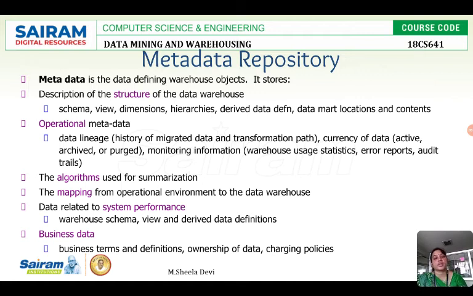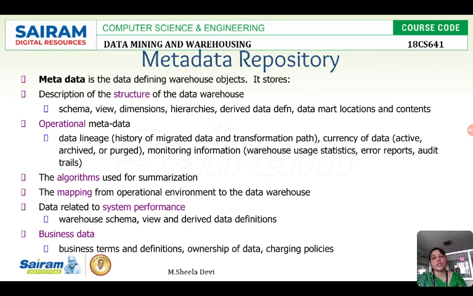It gives the information about the schema of the data warehouse, views of the data warehouse, dimensions, hierarchies, data mart locations, and contents. All this information is given by the metadata.